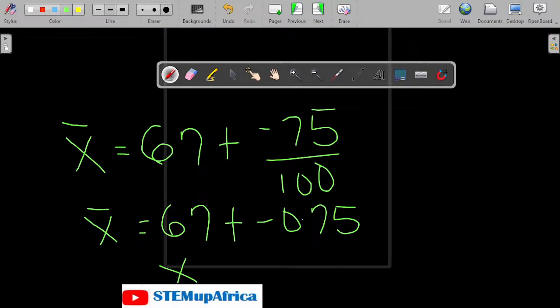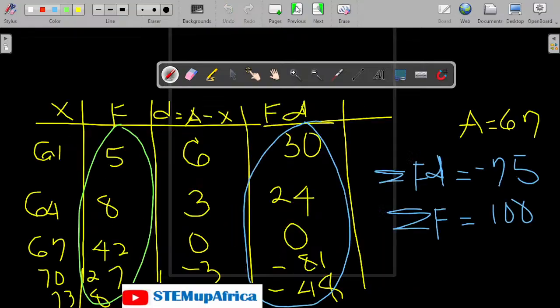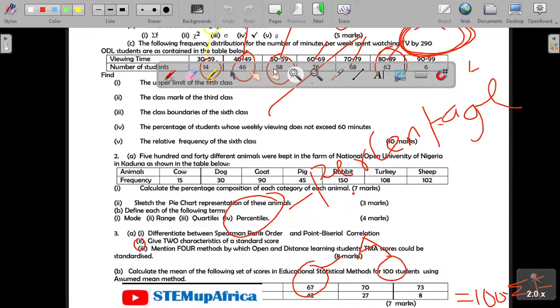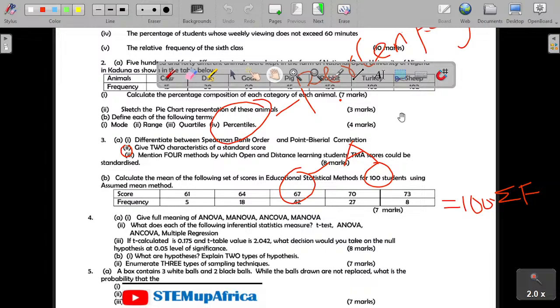If you add it to 67, that will give us 66.25. This is the mean. 66.25. I hope that is clear. If you have any questions, you may ask. So that is that for question 3B.